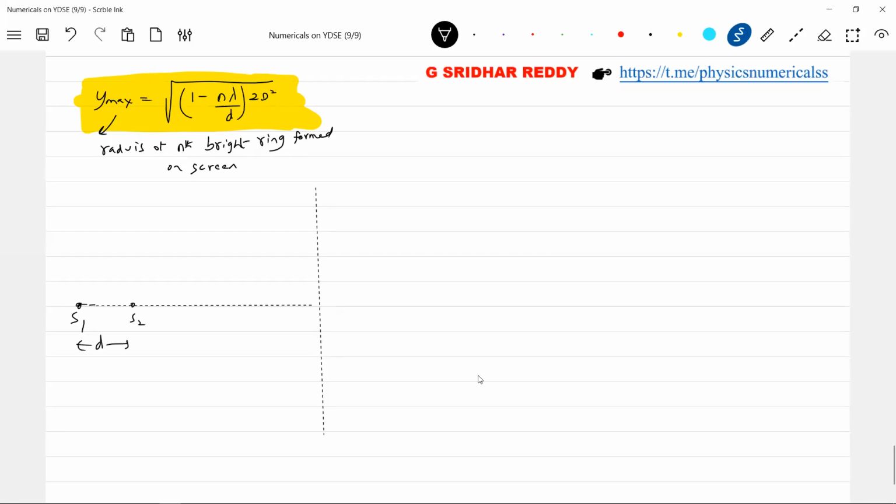There's a D and a monochromatic source. There's a capital D. Now let me assume the values. D is equal to 10 millimeter for our convenient purpose.